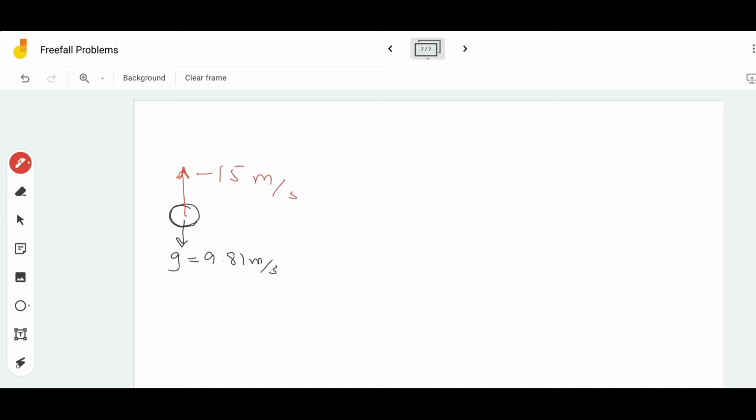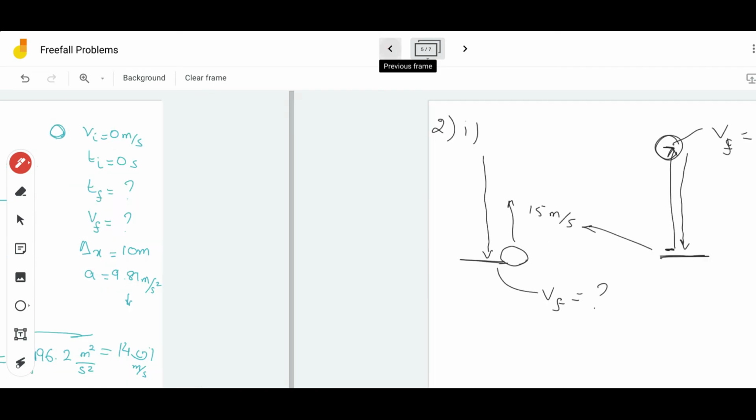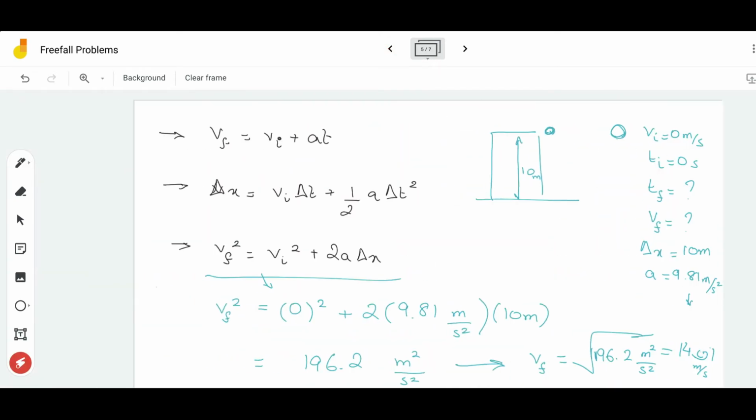Here our frame of reference is positive downwards from our original location. This is our VI, and VF in this case is going to be 0 meters per second. Going back to the original equations, we know our acceleration term, we know VI, and we know VF. What we don't know is delta x.